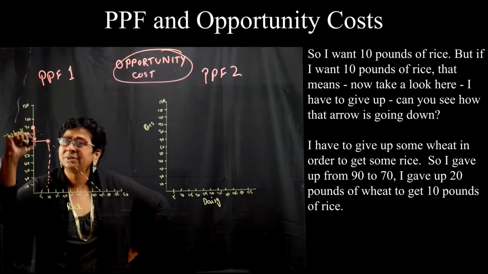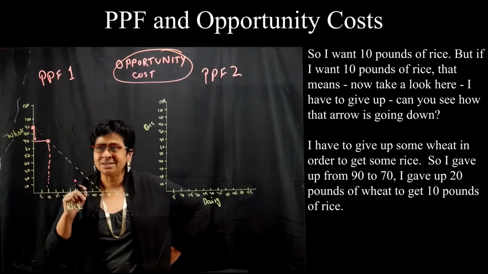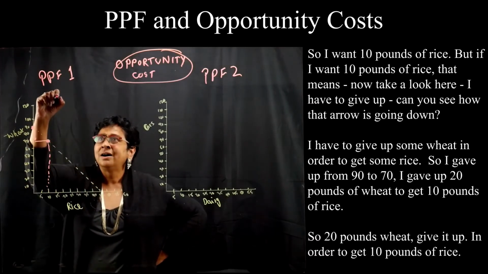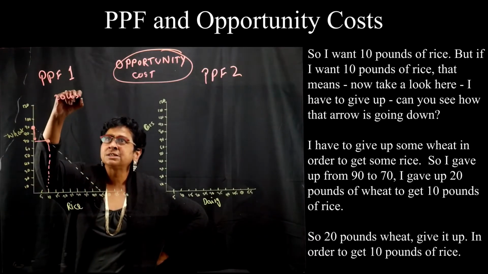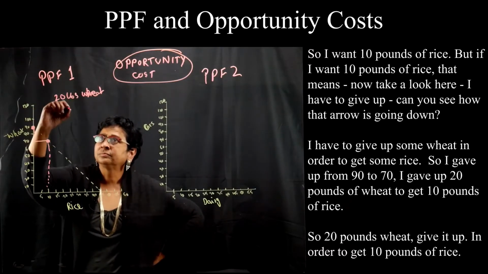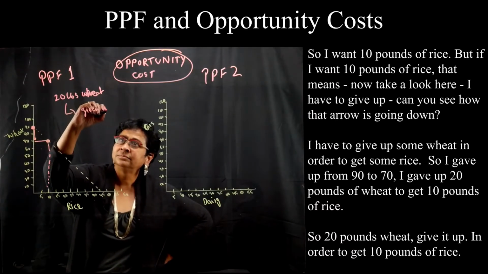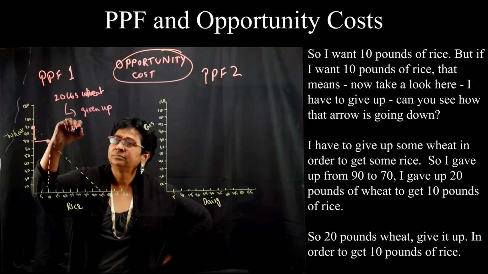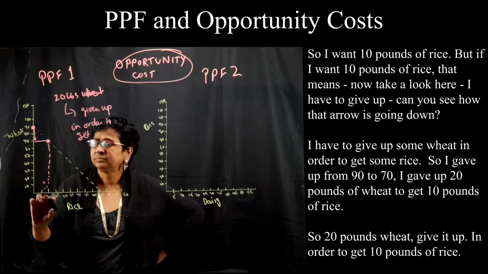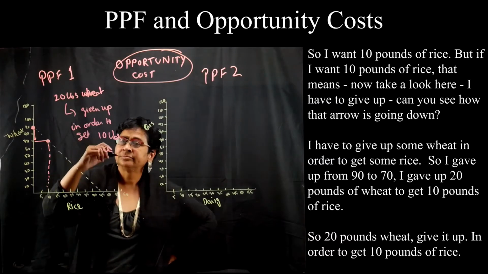So I gave up, from 90 to 70, I gave up 20 pounds of wheat to get 10 pounds of rice. Right? So 20 pounds of wheat were given up in order to get 10 pounds of rice.